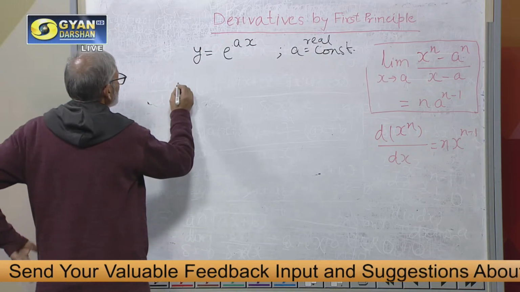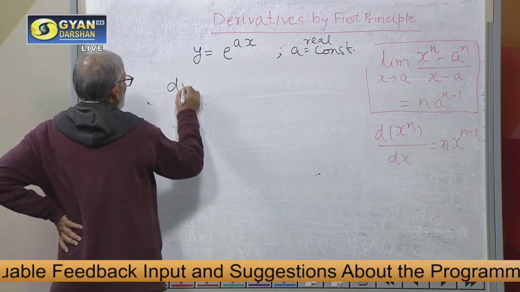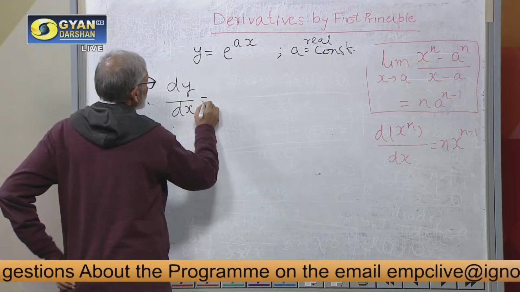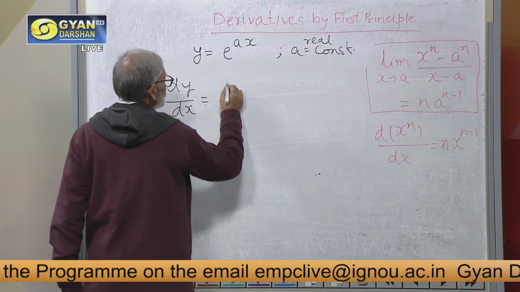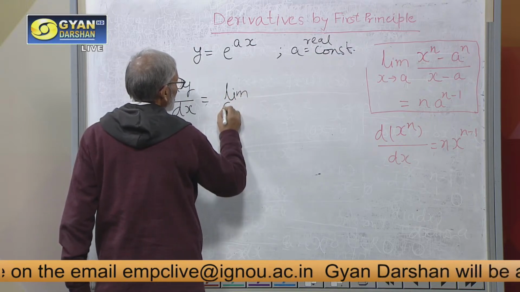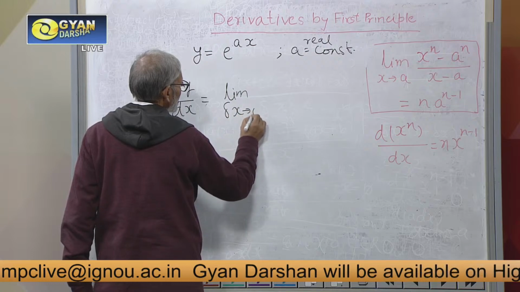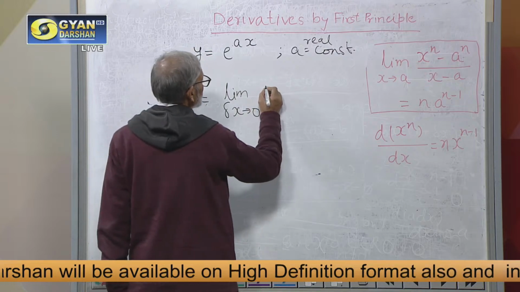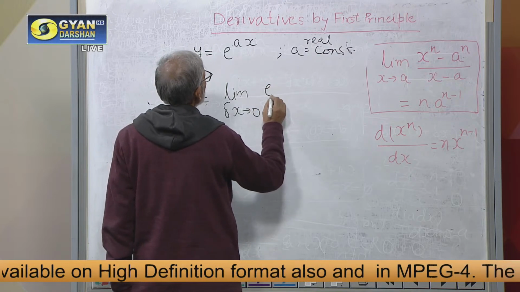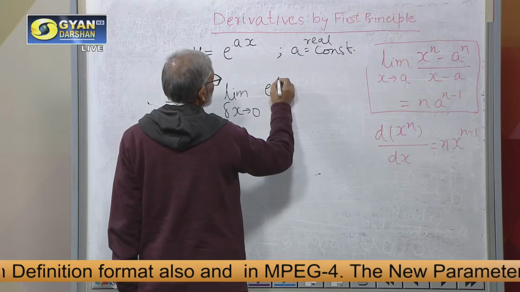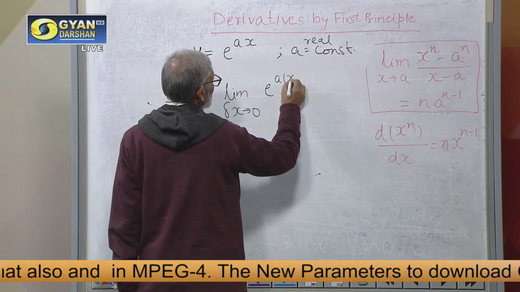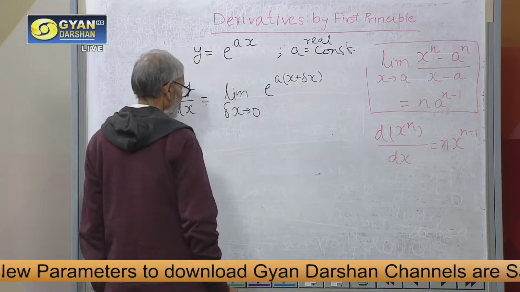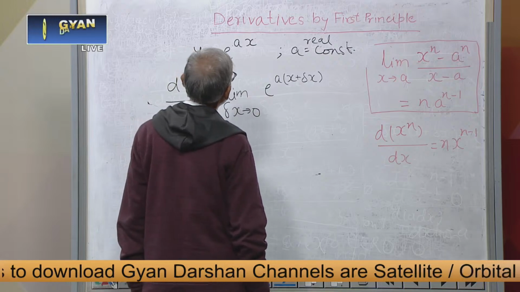Now, dy by dx by first principle will be equal to limit delta x tends to 0 of e to the power a(x plus delta x).